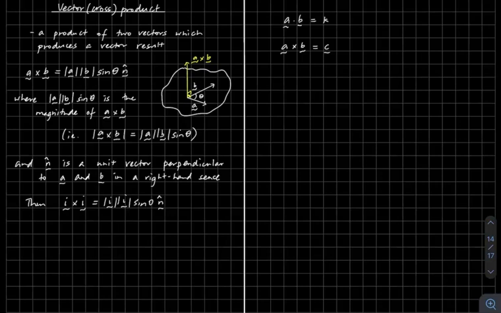The only thing that really matters out of all of that is that each of those magnitudes is just going to be 1, isn't it? So it's going to be 1 times 1 because they're unit vectors. But sine of 0 is 0. So 1 times 0 times n means we're going to get a vector with magnitude of 0.